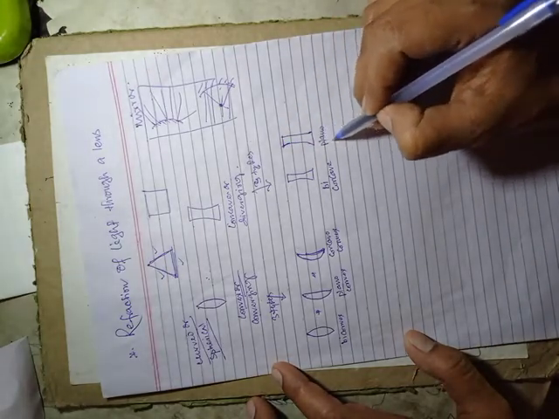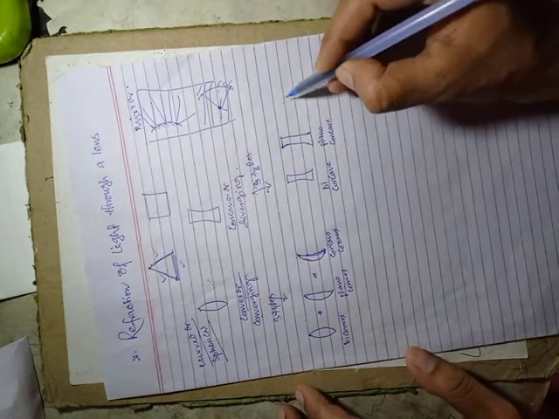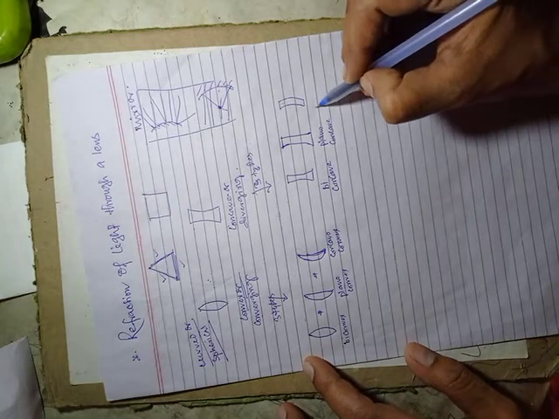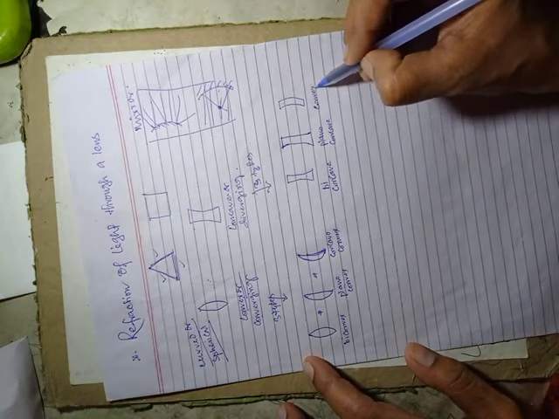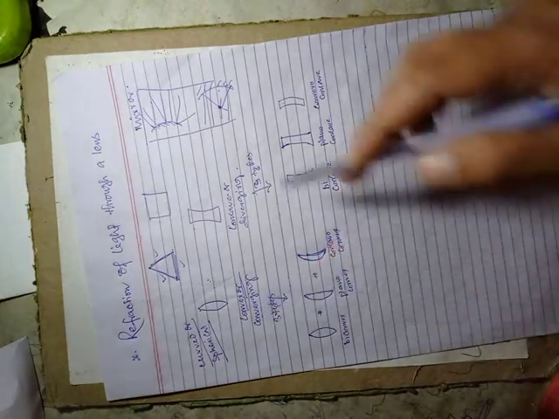After that, convexo-concave. One side is concave, another side is convex, so that's why it is called convexo-concave. So students, I hope you learned the types: three types for convex and three types for concave lens.